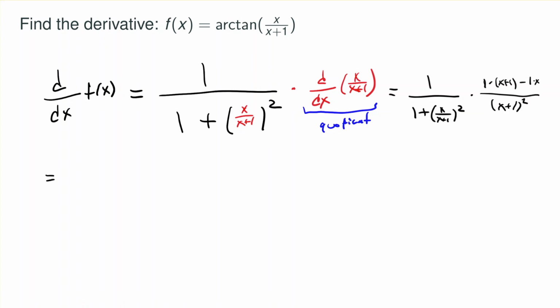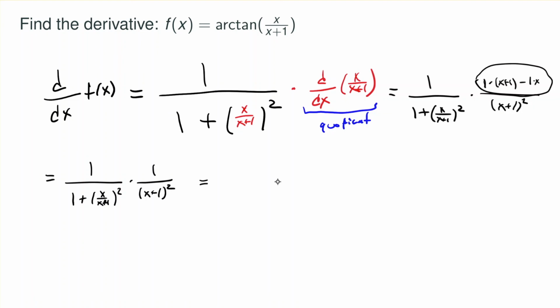So that simplifies to 1 over 1 plus x over x plus 1 square, multiply by, let me see, numerator here is just x. Oh, x cancels out, so actually just 1. So it'll be 1 over x plus 1 square.